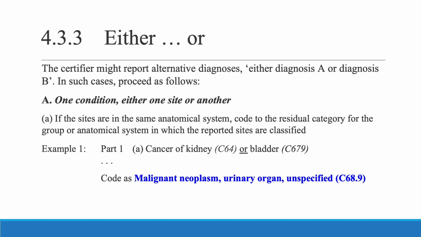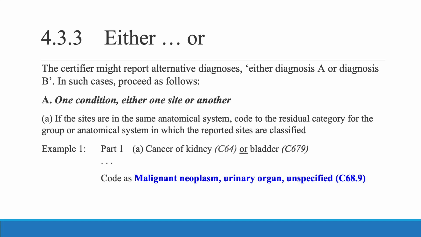So for example, at section 4.3.3a, one condition, either one site or another. Next little section, lowercase a in parentheses, is the instruction. If the sites are in the same anatomical system, code to the residual category for the group or anatomical system in which the reported sites are classified.